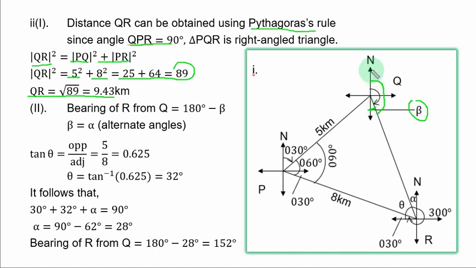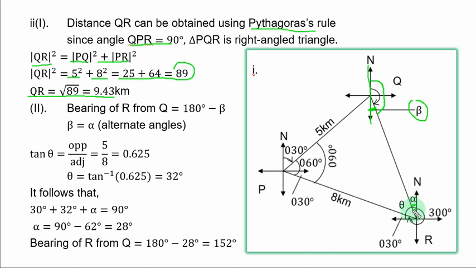The whole of that line is 180, so we need this part, subtract it from 180 to get the bearing of R from Q. But here you notice that this angle is equal to this small angle here, alpha. They are alternate angles, but we cannot get alpha directly.